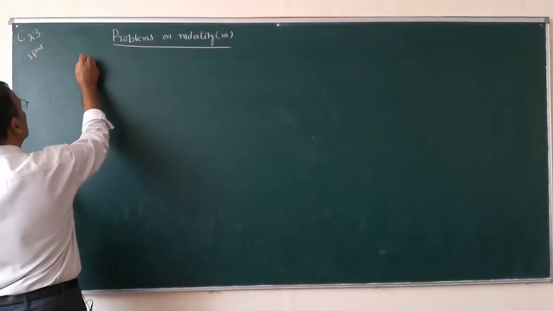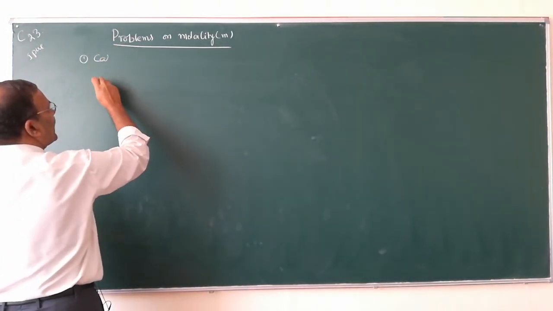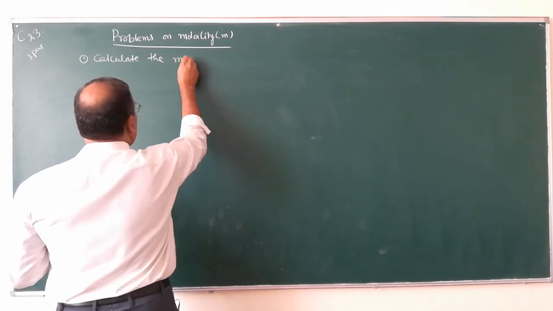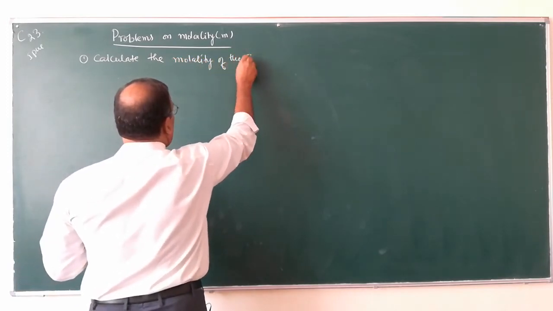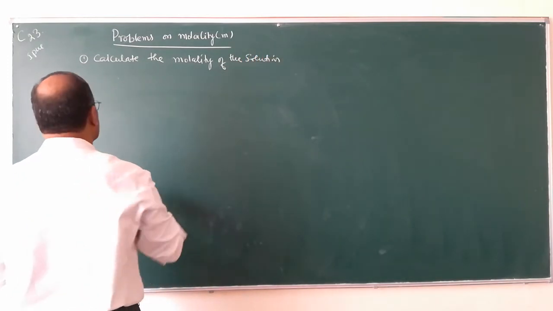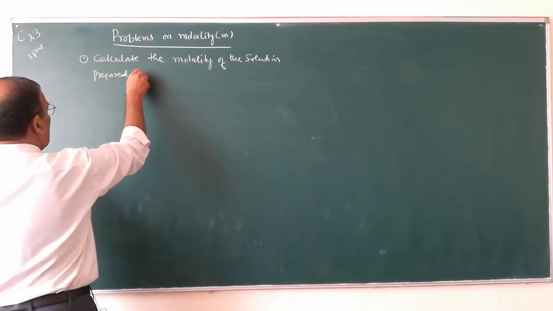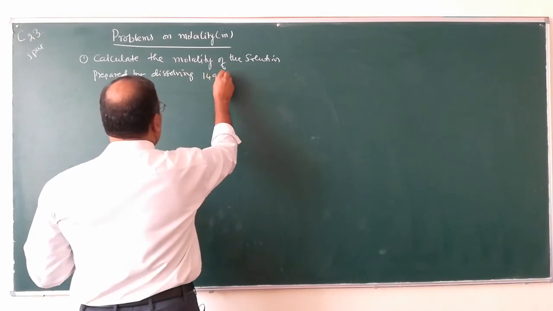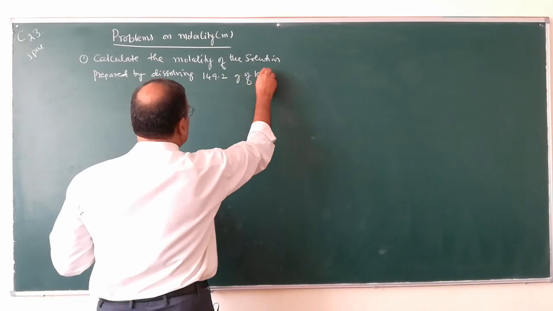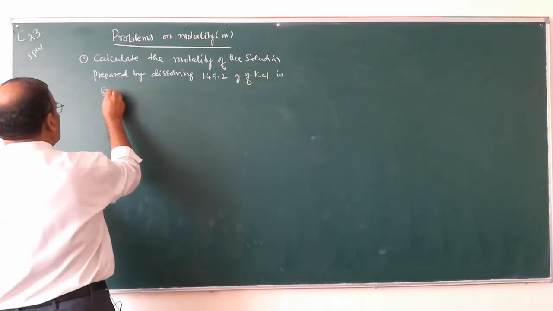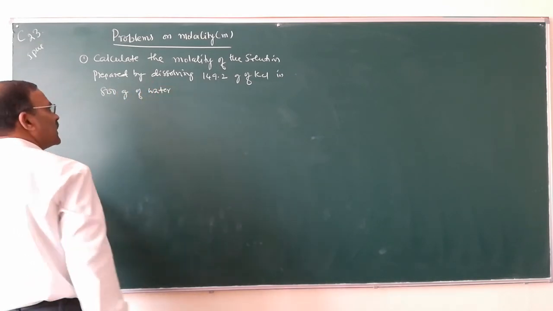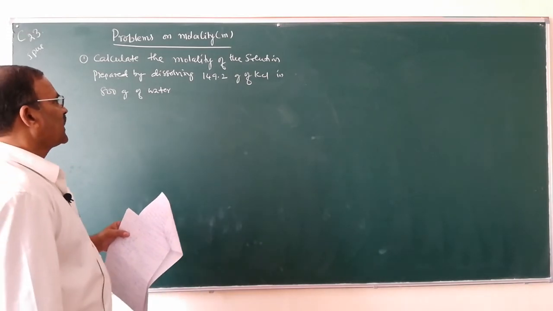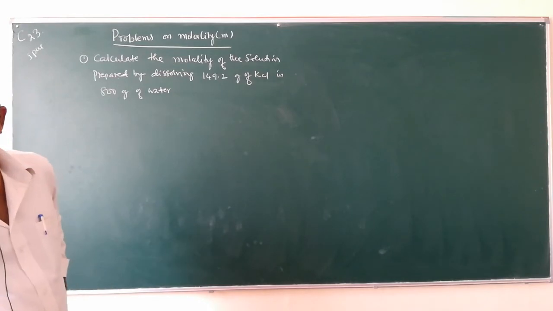Calculate the molality of the solution prepared by dissolving 149.2 gram of KCl, potassium chloride, in 800 gram of water.